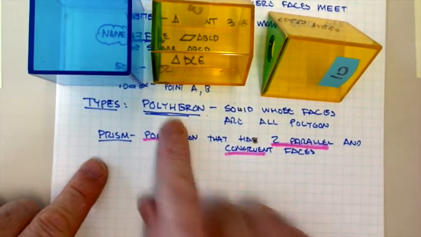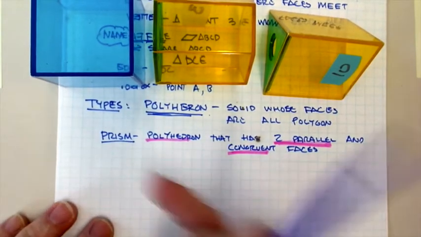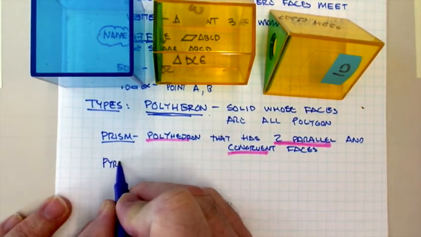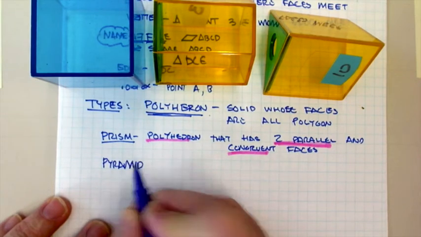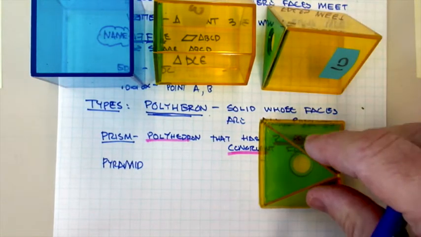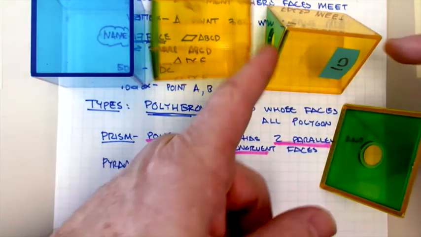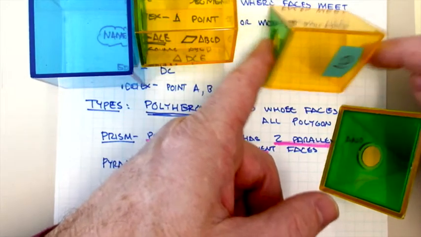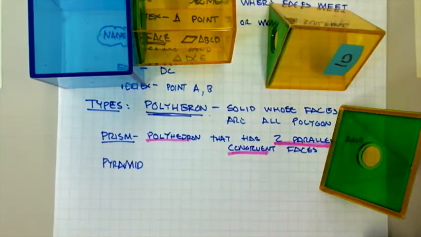Another type of polyhedron is a pyramid. And you've already heard me use that term with this shape. Okay? This is a pyramid. It is not a prism. With the prism, it had two parallel bases or faces that were congruent to each other.